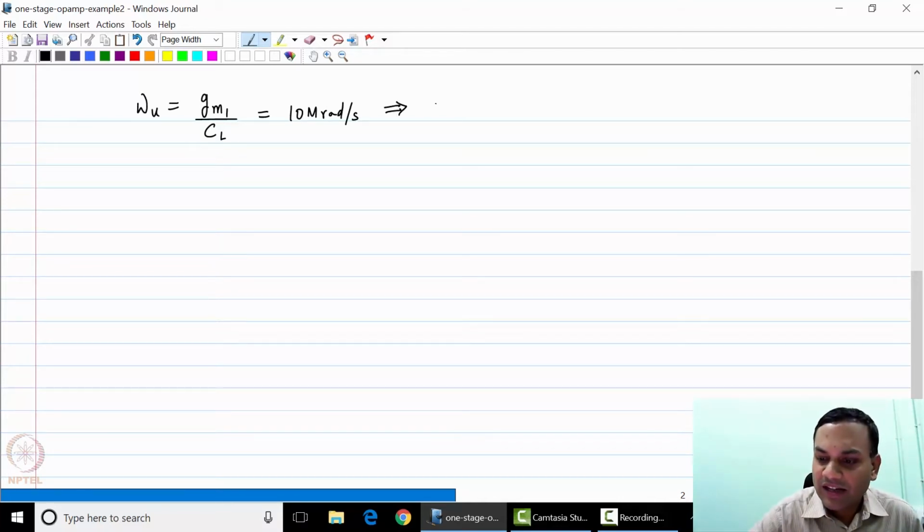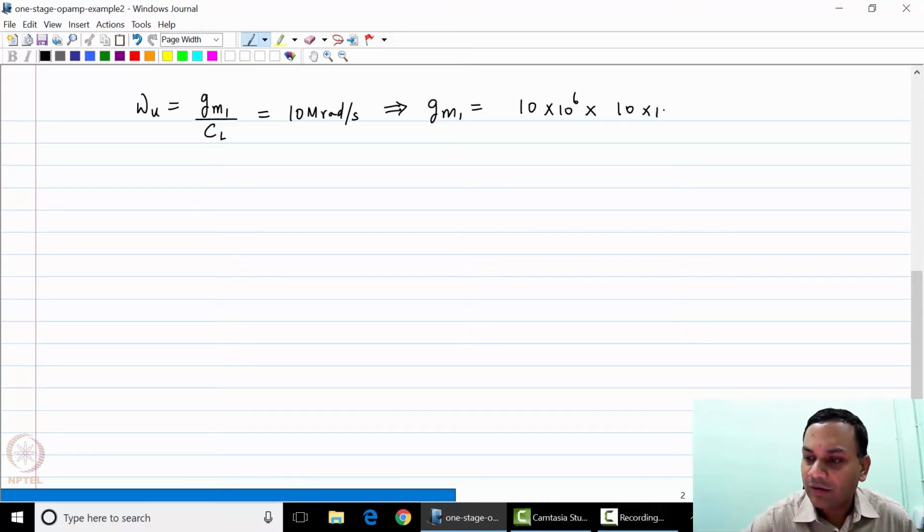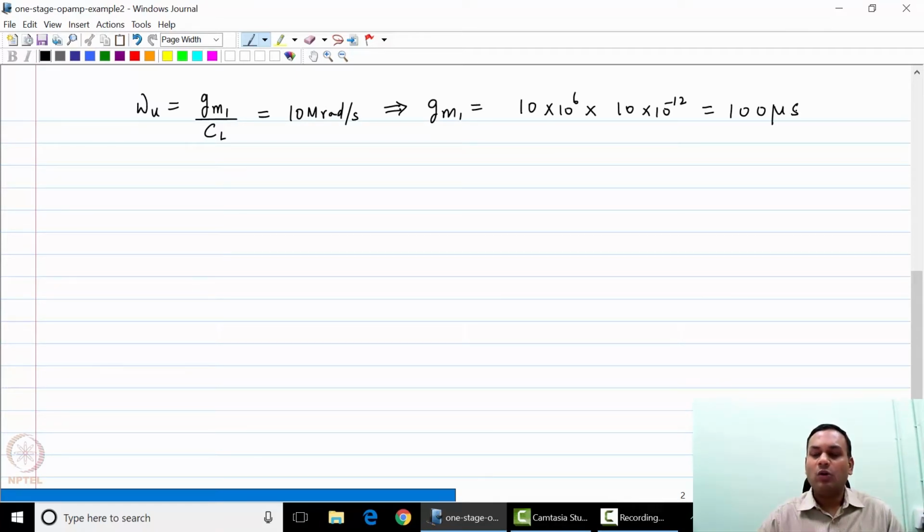This means that GM1 should be equal to 10 into 10 power 6 times 10 into 10 power minus 12, or 100 microsiemens. So this now is a good place to start, because this lets us set the value of the GM of the input pair, which is one of the most important parameters in your design. Now let us look at the slew rate specification.